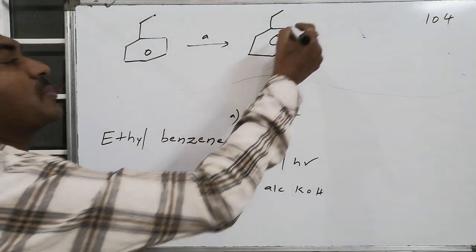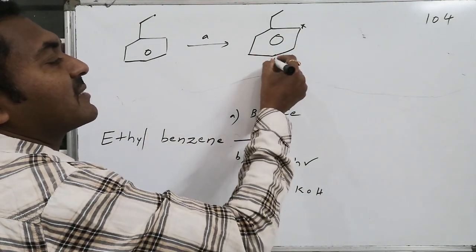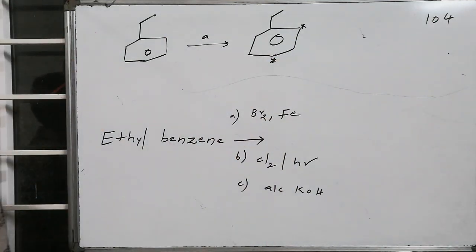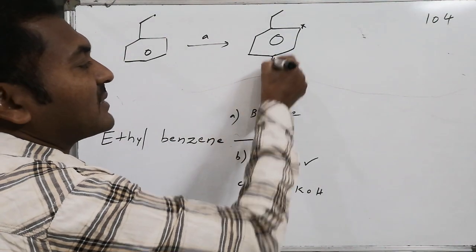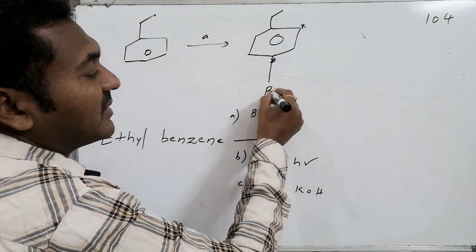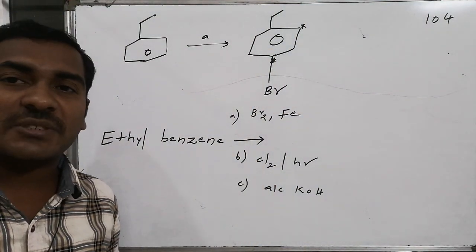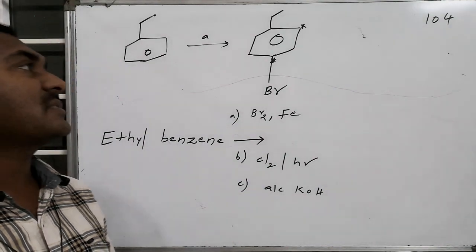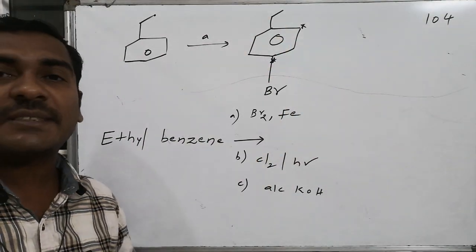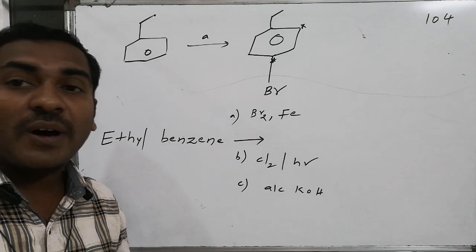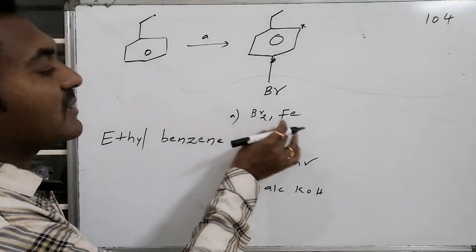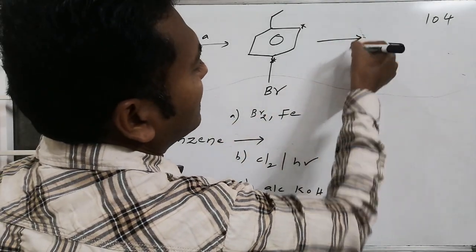There are two possible positions. One is at this place, one is at this place. We will be getting a mixture, but this place is more preferable because less strain is present in the product. The product is associated with less strain because these two groups present on the benzene system are far away from one another. This is the result of the first reagent, that is A.